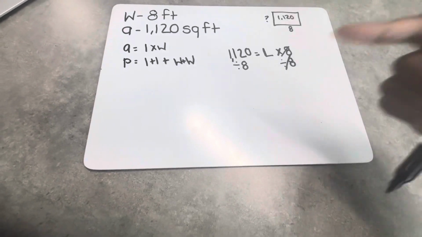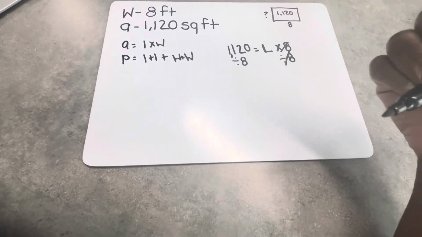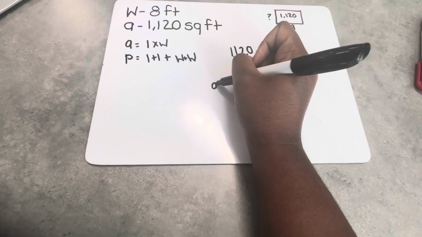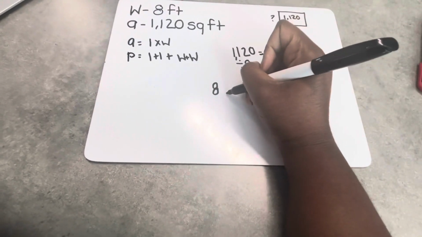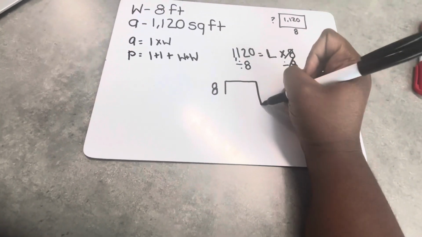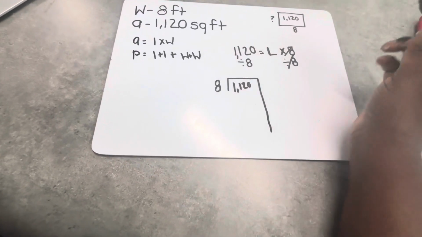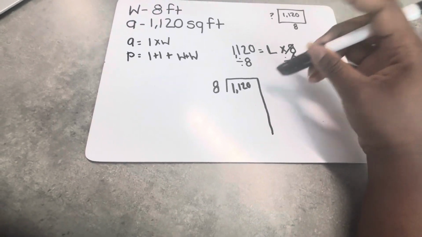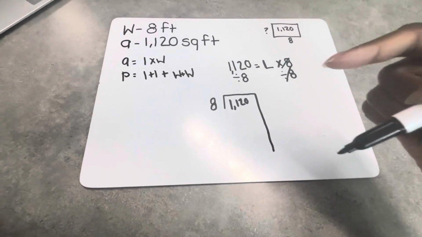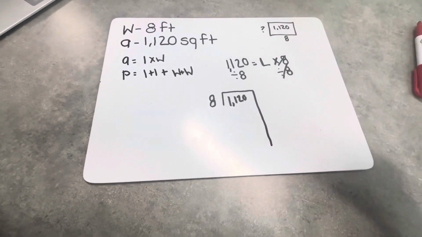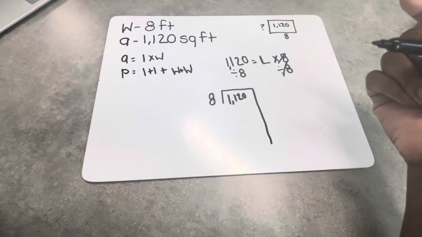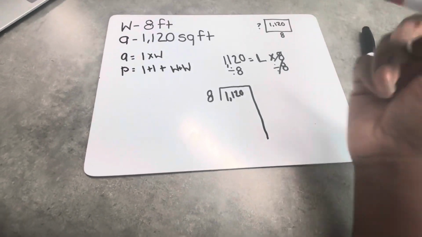So we're going to have to reach back into our knowledge on how we divide. A lot of my students like to use partial quotient. So we have 8, and we're dividing it into 1,120. If you want detail on how we could do this, you can always look at one of the previous videos that I have posted about how to divide using partial quotients. So the first thing that I want to do, I'm going to switch pens.